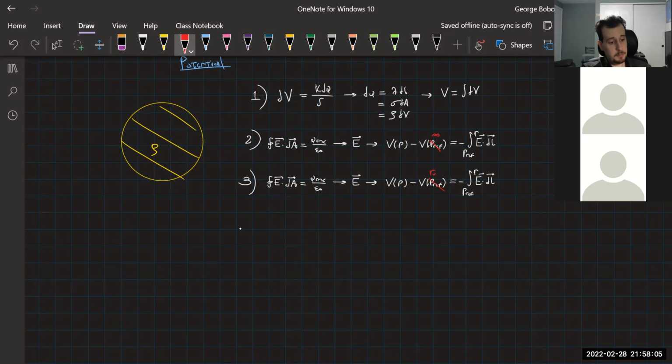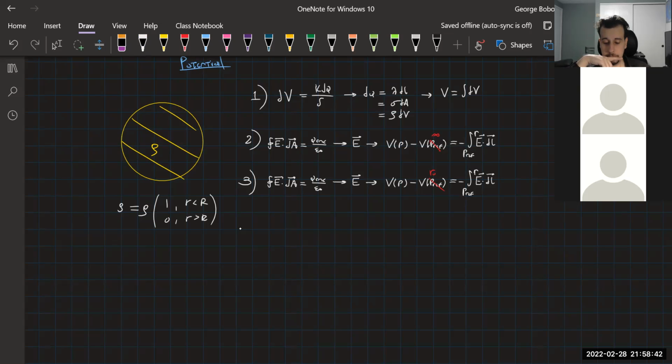There's an E field outside. You surround this with a Gaussian sphere, you have charge enclosed, and there's an E field outside. I gave you a hint before about how to approach this: look at the charge density, how many times it splits.